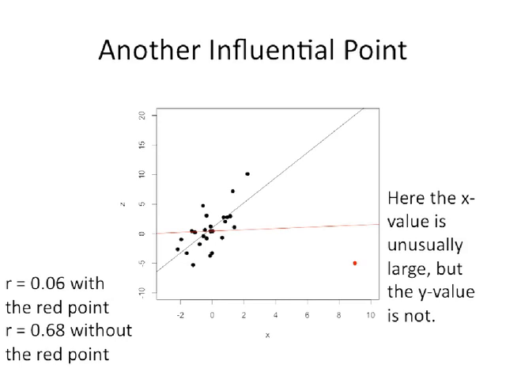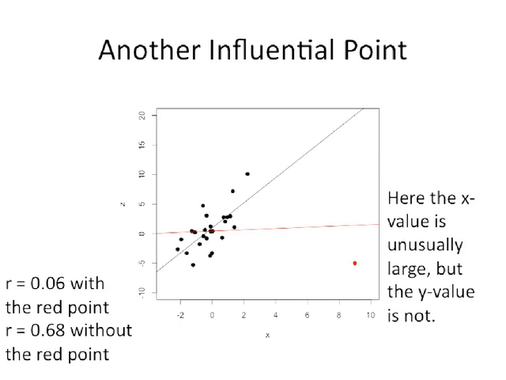So you can see that the black line is the line that's fit without the red point, and the red line is the line that's fit with the red point. So there are many ways that individual observations can influence the correlation and the fit of a line to a scatter plot.